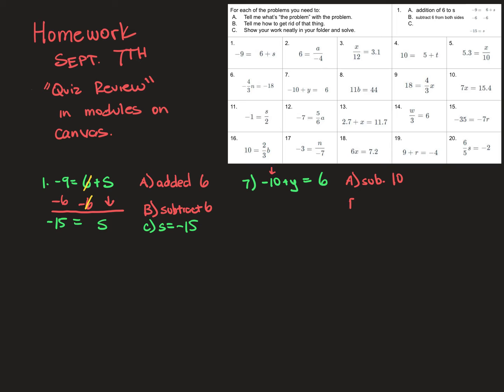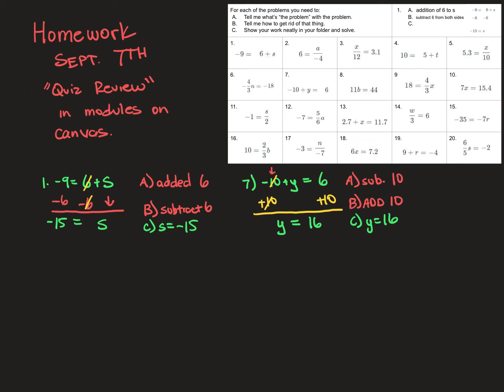So what are we going to do? We're going to add 10 to both sides. -10 plus 10 is 0. So we end up with y equals 16. And there's our answer there.